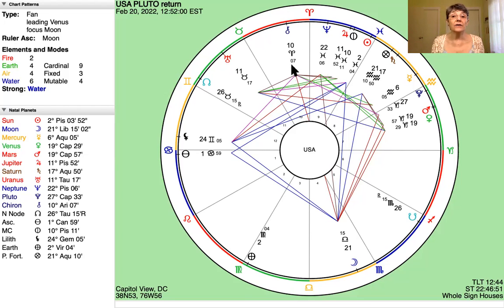Now we see Chiron in the 10th house. The 10th house represents the government in power. So Chiron there is not a good omen, I will say, for the government in power, right?